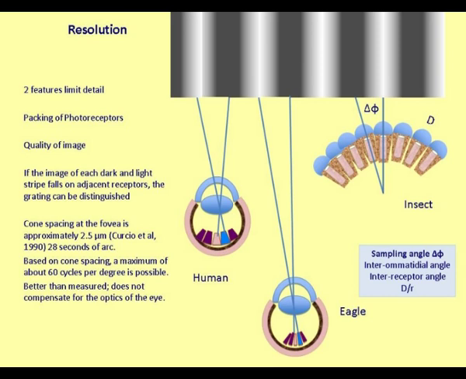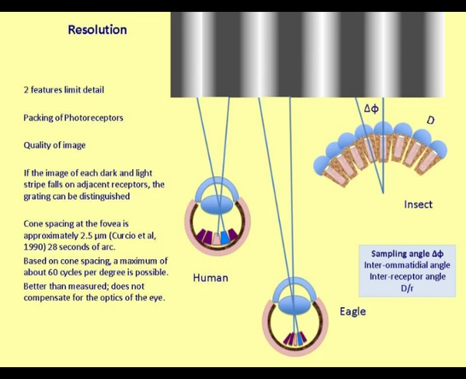A human can detect these bars at this distance, whereas an eagle, which has much closer packed receptors, can detect it much further away. And here we have a multifocal insect eye, which can't see detail or spatial frequencies as well as camera eyes can, so they have to be a little bit closer to see the same images.